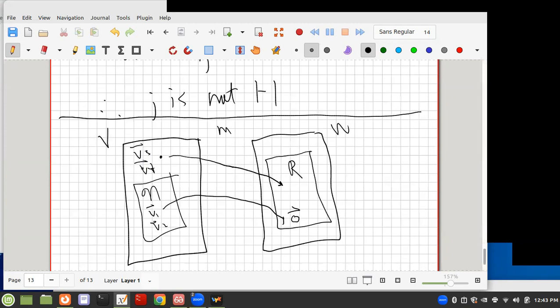And V4 and V3 are going to get mapped to vectors over here. And it turns out that the dimension of this space outside of the null space is going to be the same as the dimension of R.